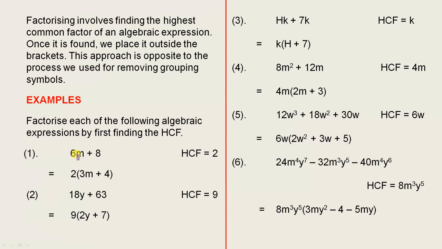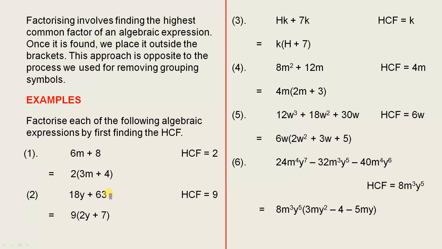Now the highest number that divides into 6m and 8 is 2. So that's the HCF. So we put 2 outside of the brackets and we're left with 3m plus 4. And when we expand, we end up with 6m plus 8. So we know we're correct.